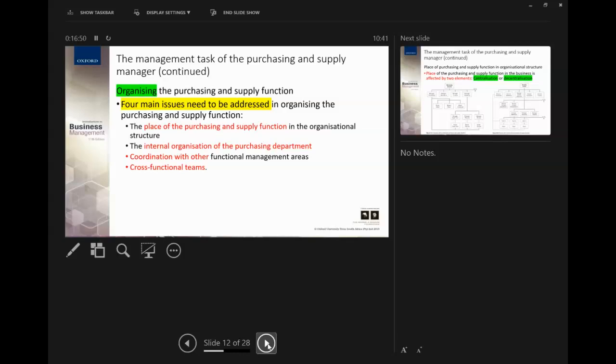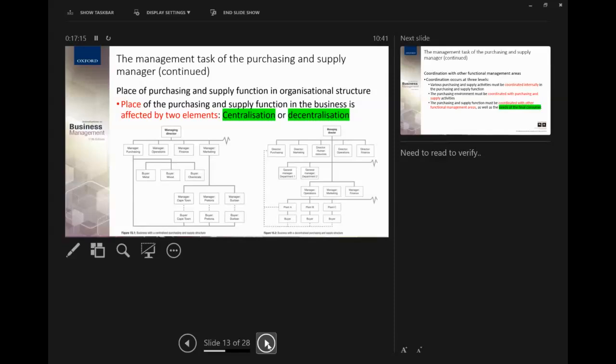Then there's the internal organization of the purchasing department. Okay, how are they organized? I think we were actually speaking to that in the illustration I gave just now as well. Coordination with other functional management areas, speaking to that as well, and then cross-functional teams. So when you guys look at that diagram, I think it'll all begin to make sense, and you'll be able to connect the dots.